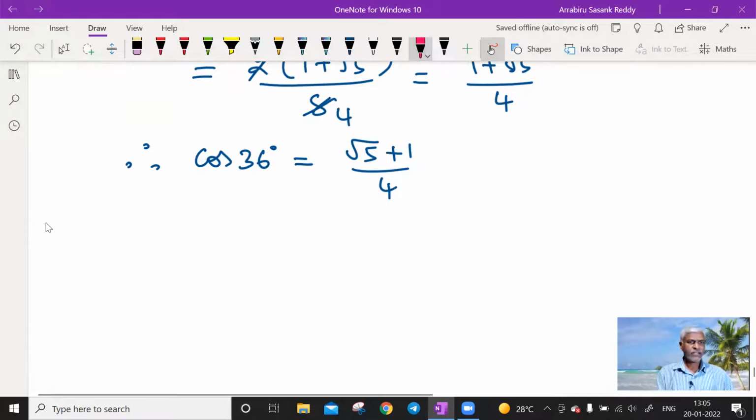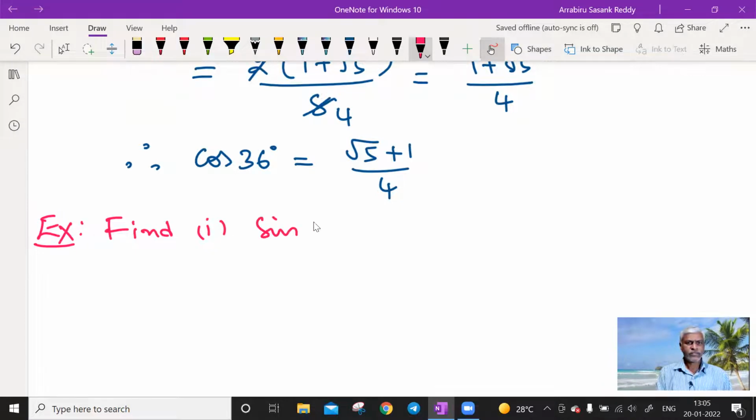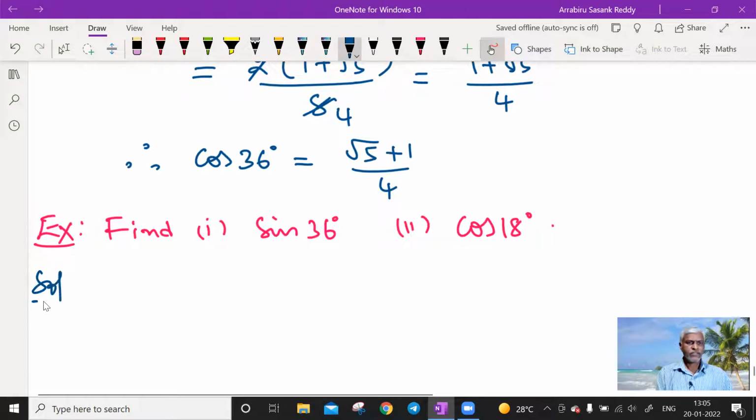Now let us take some more examples. Find sin 36 degrees and cos 18 degrees value. Solution, first one, sin 36.